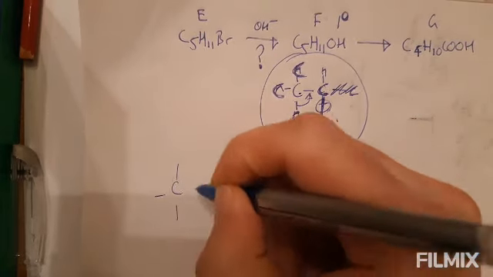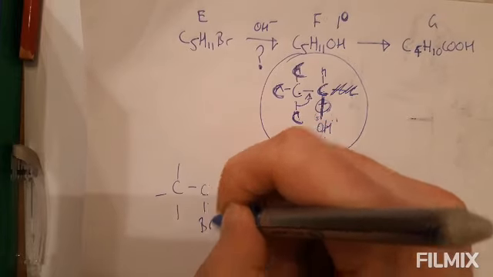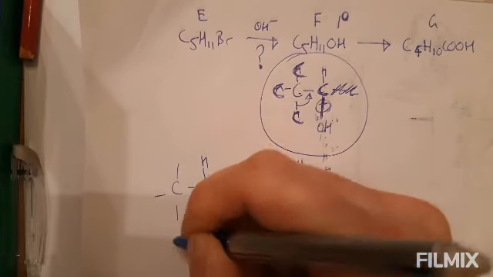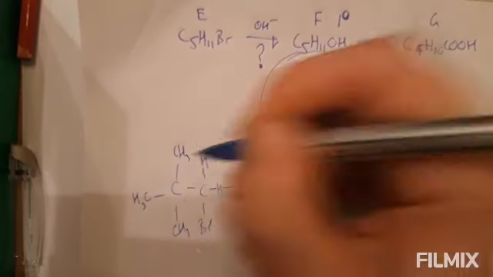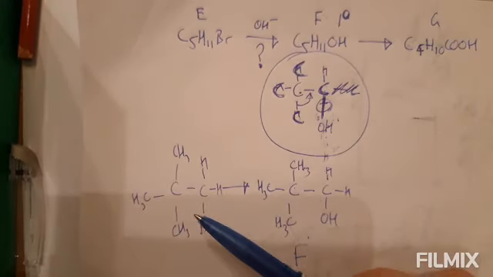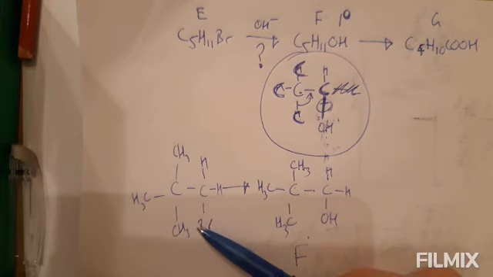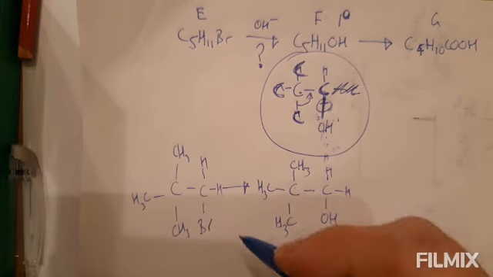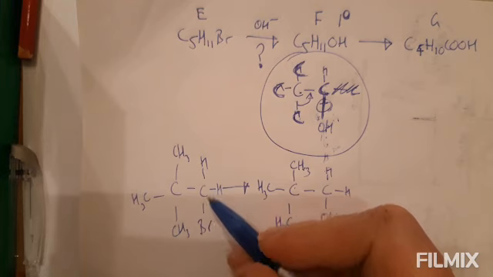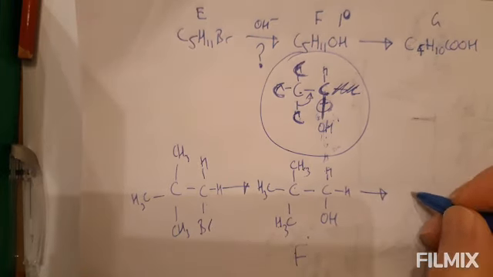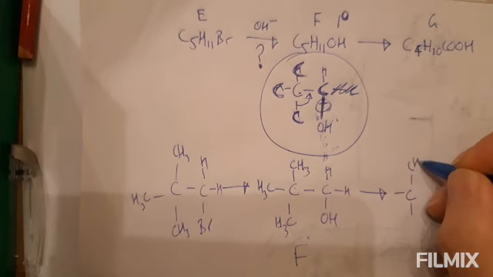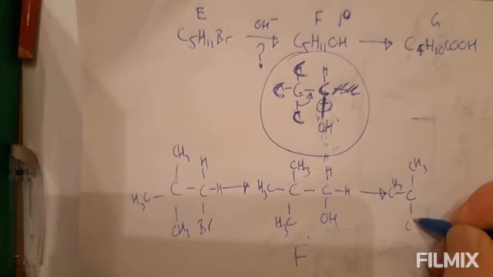So far, tentatively, I'm happy with that as being F. That must have come from, hey, I think I'm onto something here, that must have come from this haloalkane. Yep. And then that must have formed CH3, CH3, CH3.